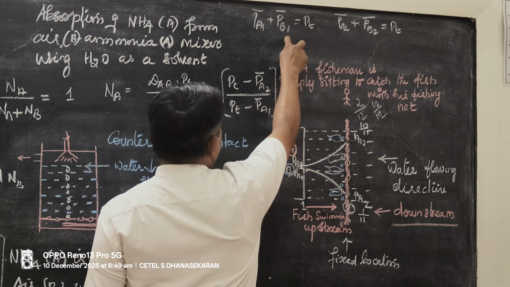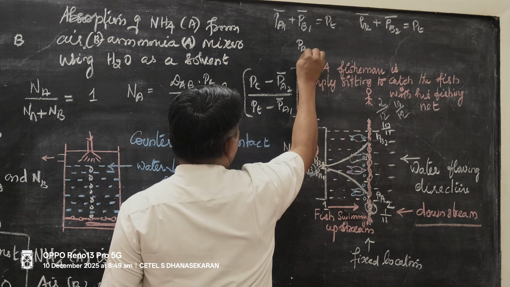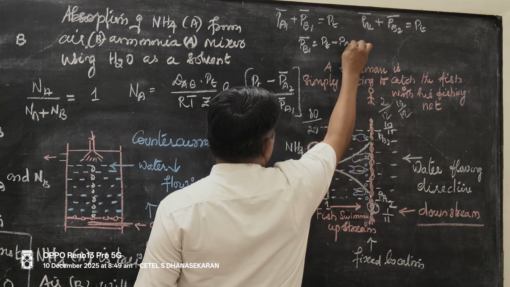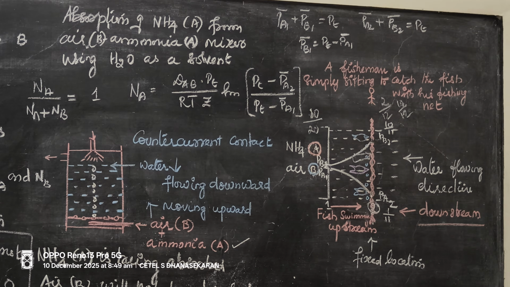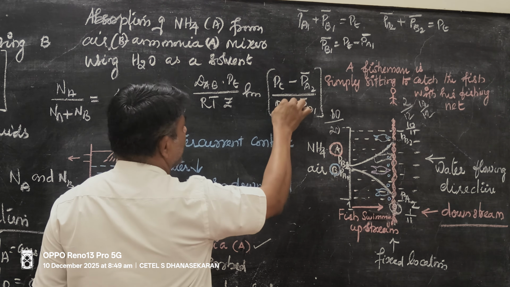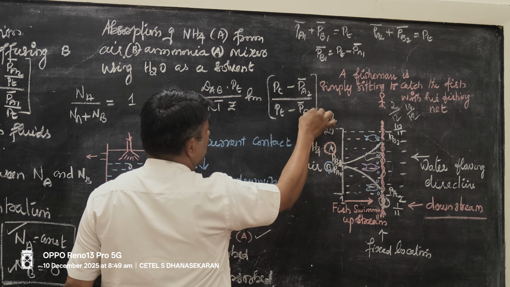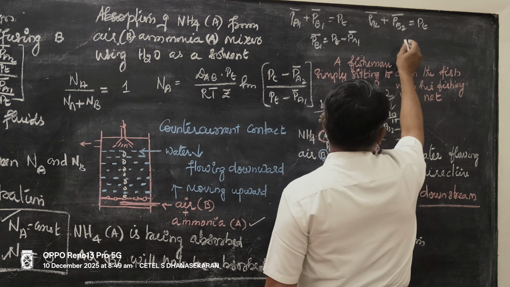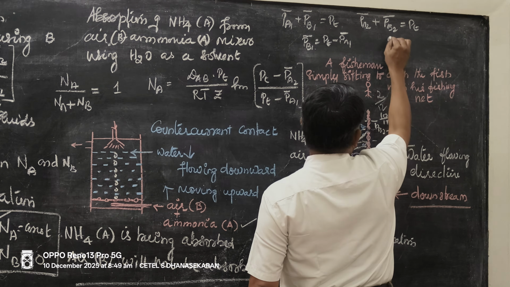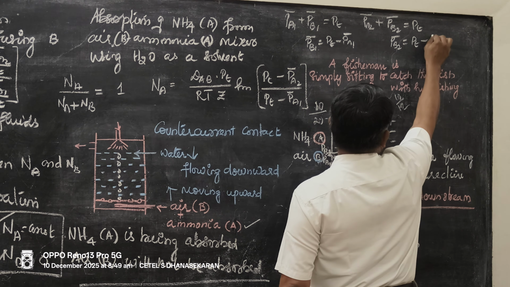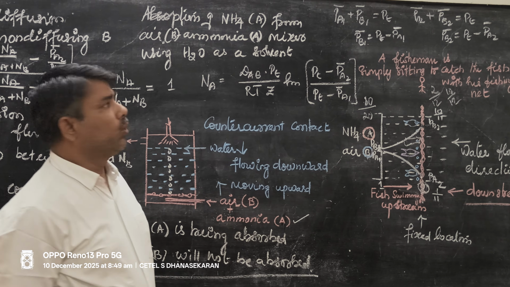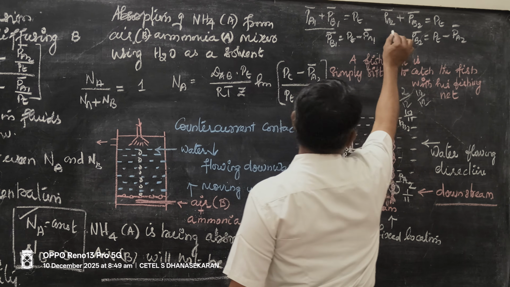From this information, I am in need of PB1 bar is equal to PT minus PA1 bar. I am going to simplify this equation. That's why I have written PT minus PA1 bar. PT minus PA1 bar is equal to PB1 bar. Similarly, PB2 bar is equal to PT minus PA2 bar. Clear?